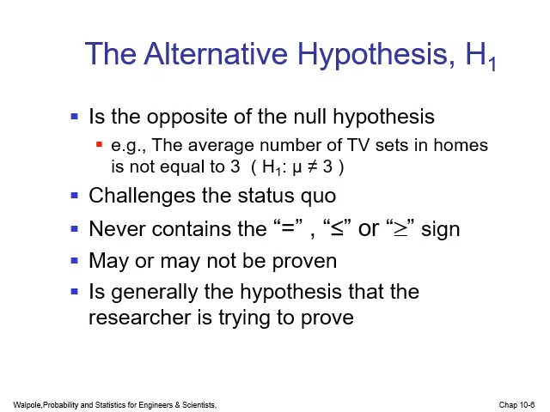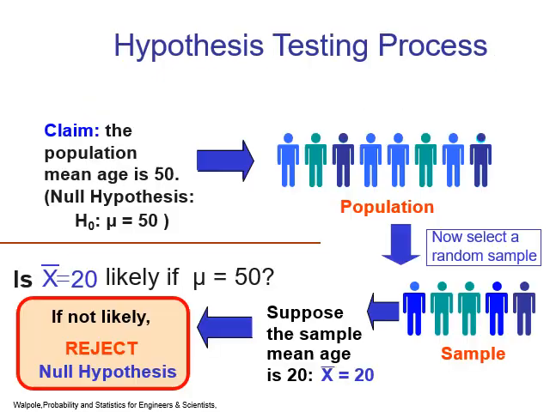So in order to reject or fail to reject H0, we need to understand how hypothesis testing should be done. Here, in hypothesis testing, there are two conclusions that could be made. First, reject H0 in favor of H1 because of sufficient evidence in the data. Or we can fail to reject H0 because of insufficient evidence in the data.